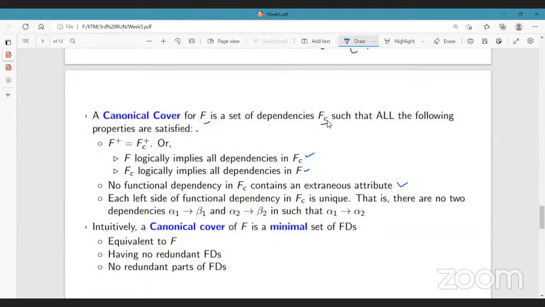The last one is that each left side of a functional dependency in FC is unique. That is, there are no two dependencies alpha 1 determines beta 1 and alpha 2 determines beta 2 such that alpha 1 equals alpha 2. That is, there should be unique left hand side attributes. So these are some of the rules of canonical cover.